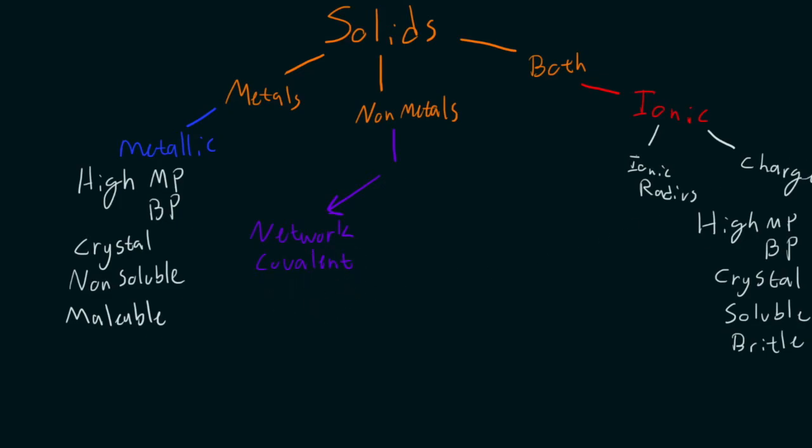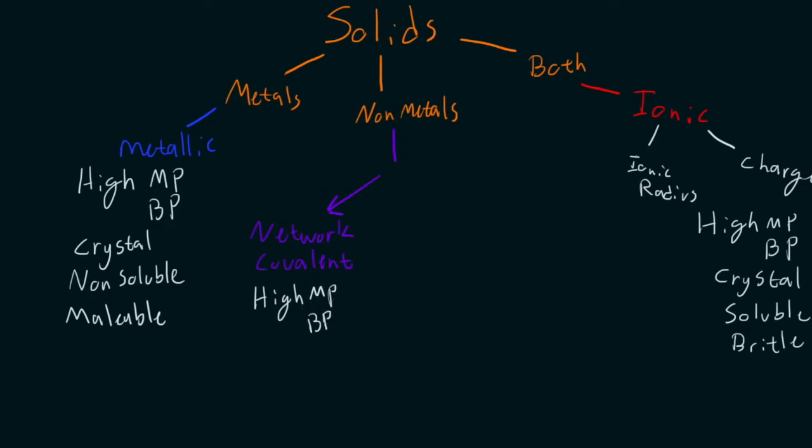And so for these, we're also going to have high melting points and high boiling points. And that's going to be because what we're breaking when we melt it, or when we boil it, is a covalent bond. It's just covalent bonds, which are very strong, holding these things together.